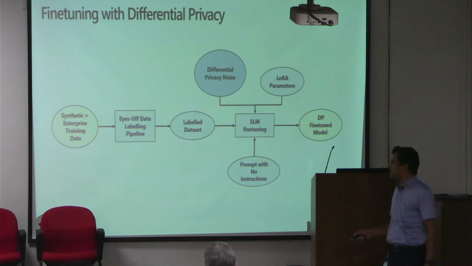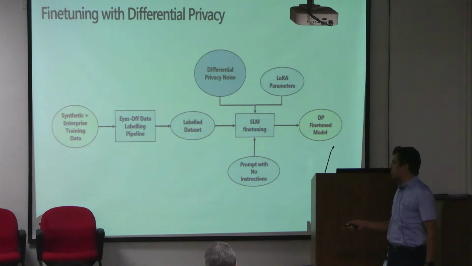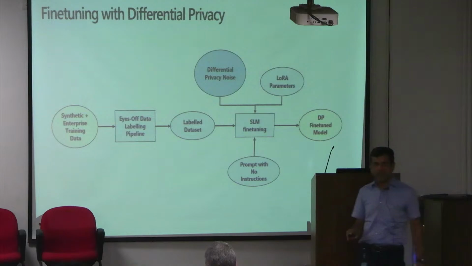Compared to the workflow we had earlier, this is the additional component, where we have differential privacy noise and the low rank adaptation parameters, and then we do the model training.